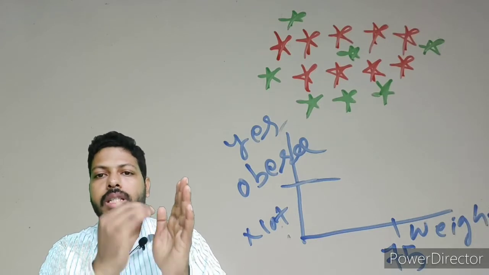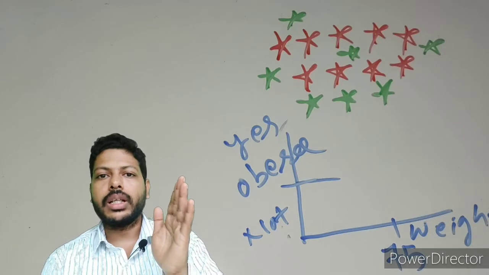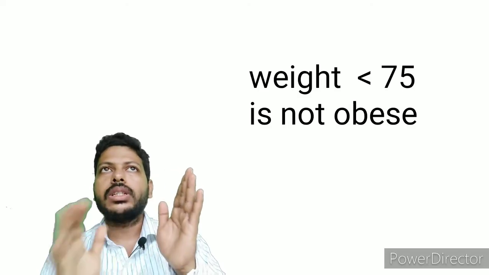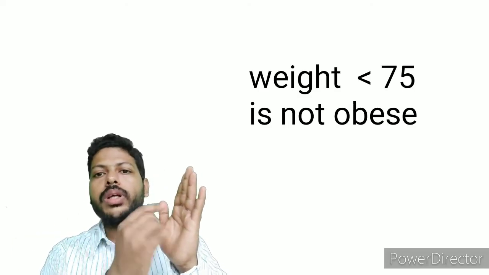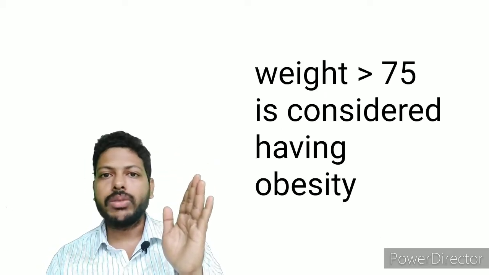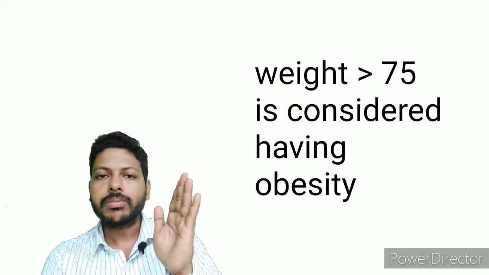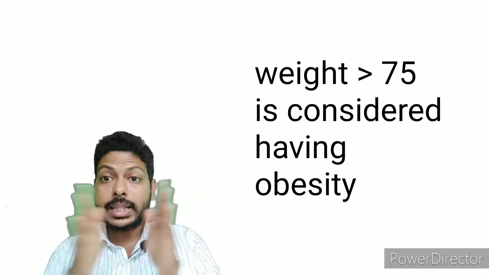If the weight is under a certain value, suppose 65 or 75 or 80, then the person will be considered not obese. If it is more than that, if a person is 85 or 90 kg, in that situation we can consider that obesity is present for that person. So this is what is called classification.